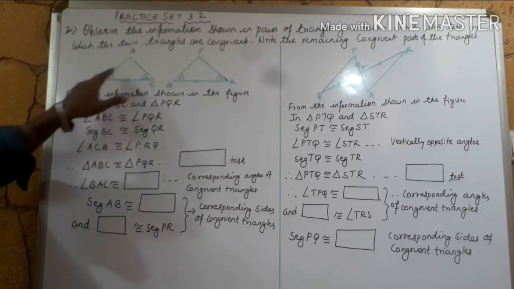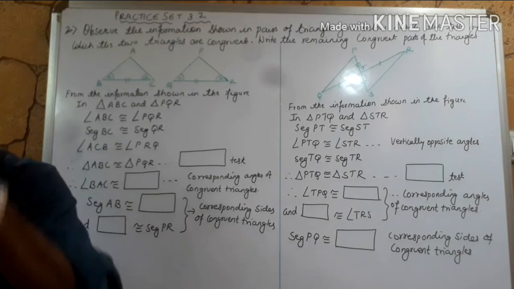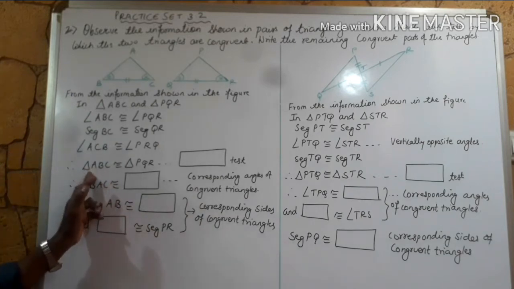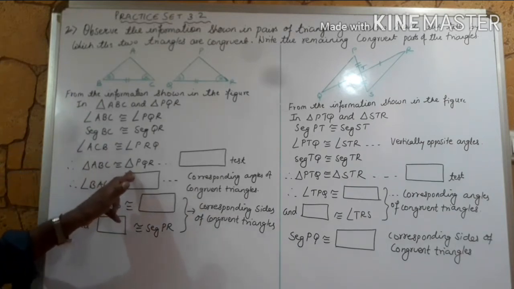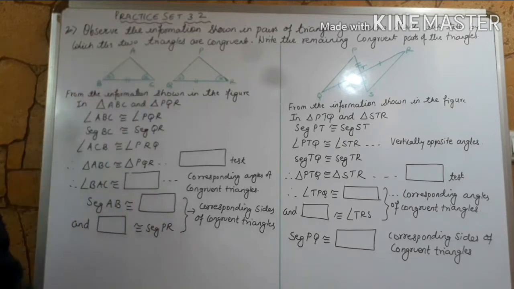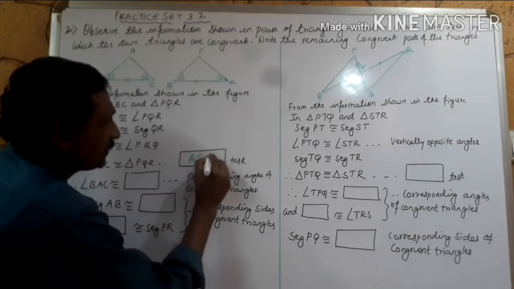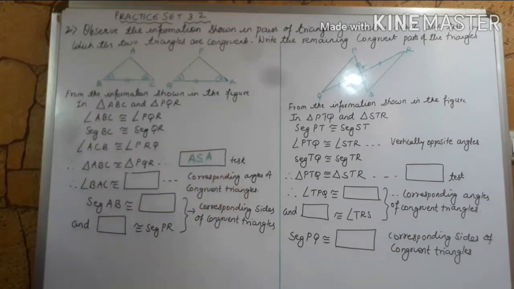If you see this angle congruent to this angle, this side congruent to this side, and this angle congruent to this angle, that means triangle ABC congruent to triangle PQR, by which test? Angle side angle. That means ASA test.